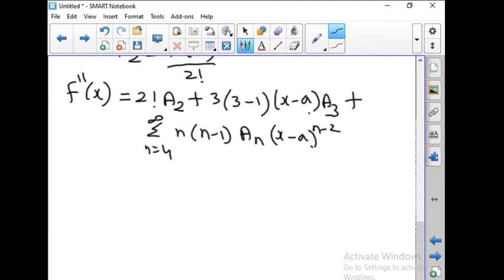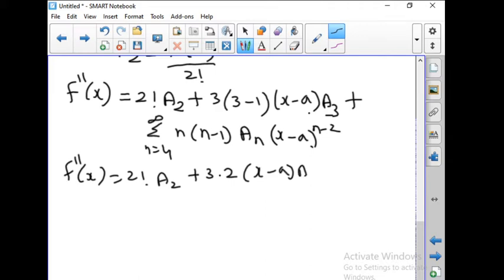Okay, carefully பாருங்க, then only you will understand. So what is this actually? f double dash of x is equal to 2 factorial into a2, okay, plus 3 into 2 into x minus a into a3 plus sigma n is equal to 4 to infinity n into n minus 1 an into x minus a the whole power n minus 2.